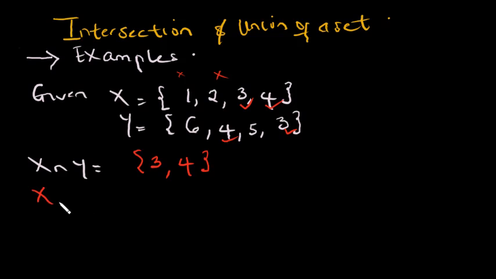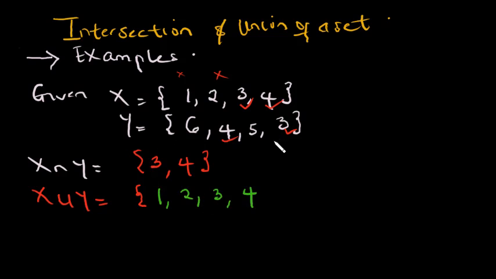So x union y will be all the elements present in either x or y or in both of them. So like I said in my previous video, what you need to do not to confuse yourself is to write out all the elements in the first set, which is x. So we write 1, 2, 3, and 4.